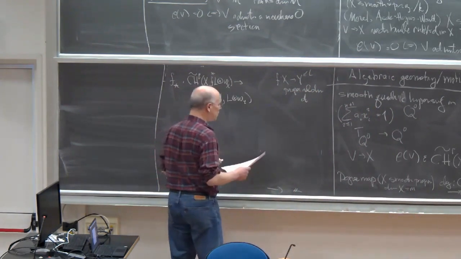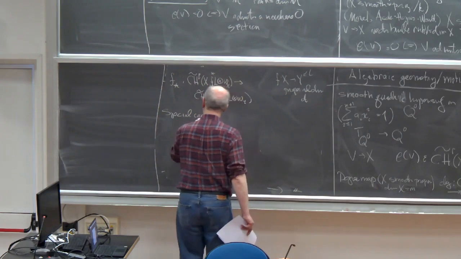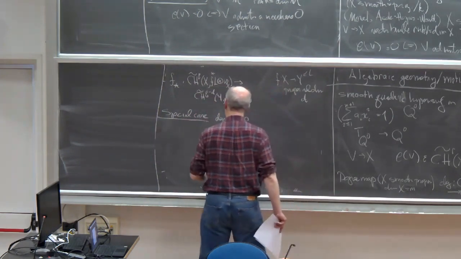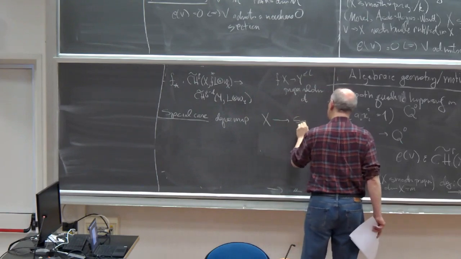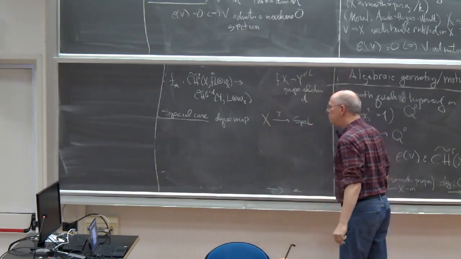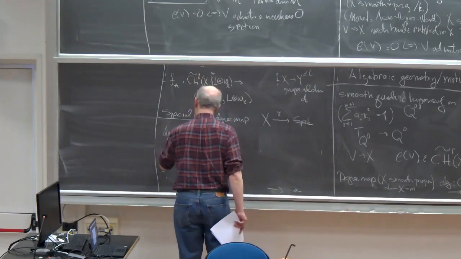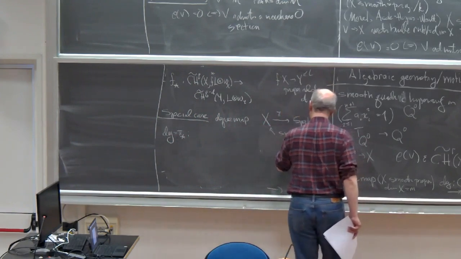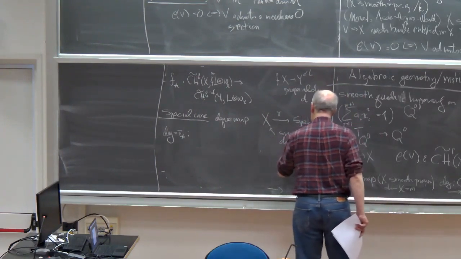Okay, so let me just do a special case. It's the degree map. So the degree map, if you have X smooth and proper over your field, I'll write that this way, let's call the projection map pi, then the degree map is just pi lower star, and this is smooth and proper of dimension n.